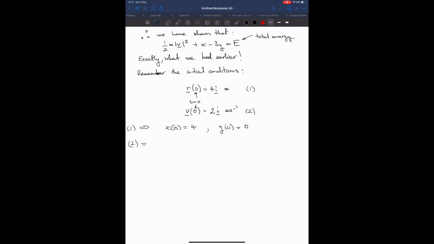The second implies Vx of 0 is 2, Vy of 0 is 0. So how do we use this to our advantage? Well, we can sub this in, because this energy principle is valid for all t.